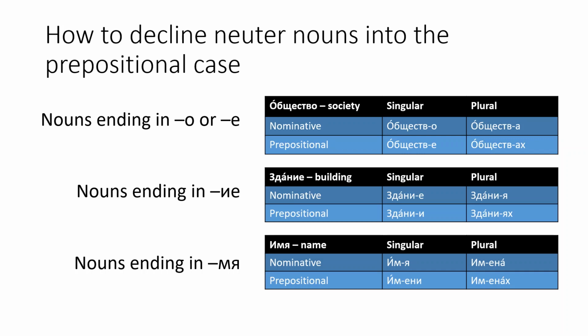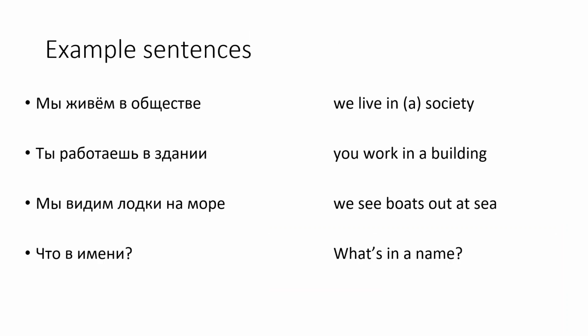Let's have a look at some example sentences. Мы живем в обществе. Ты работаешь в здании. Мы видим лодки на море.